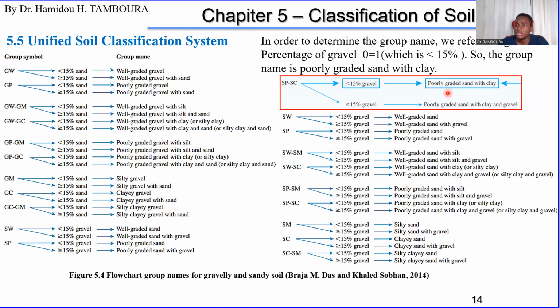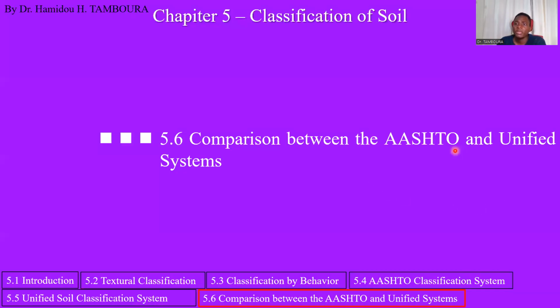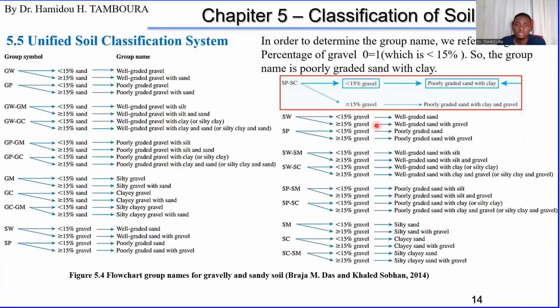Okay, that's why the group name will be poorly graded sand with clay, which is actually the group name here. SP means poorly graded sand and SC means sand with clay. So it will be this line, poorly graded sand with clay. Okay, or again, silty clay. I think that is the end for the example number 2 also.